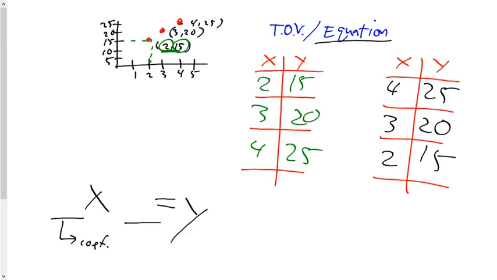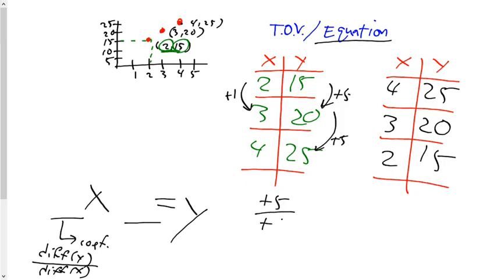what you need to do is look for, the formula is very simple. The difference in the y column, which looks like diff y, divided by the difference of the x column will garner your coefficient. Since the difference here is going up by 5 each time, and the difference here is going up by 1 each time, for that particular column, it's going to be the difference of y divided by the difference of x, which equals positive 5.